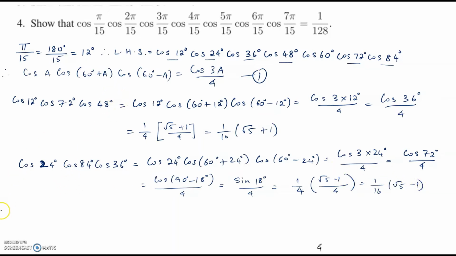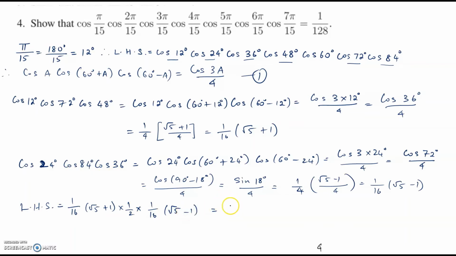So now our left hand side will become 1 by 16 (root 5 plus 1), and cos of 60 degrees is 1 by 2, and the next 3 terms would be 1 by 16 into (root 5 minus 1).